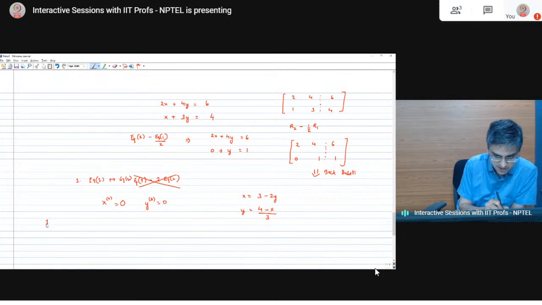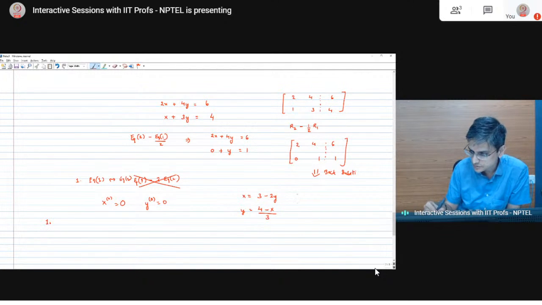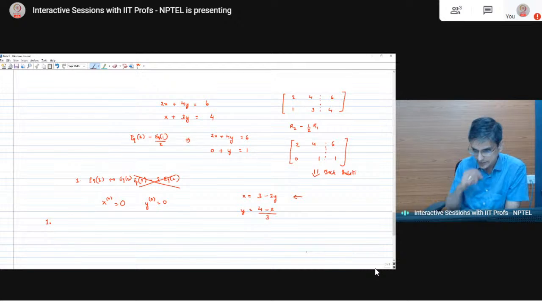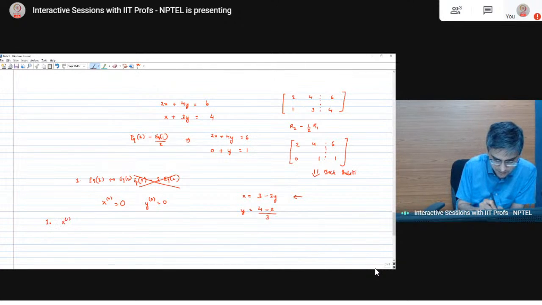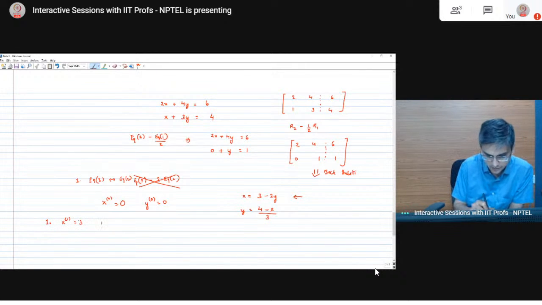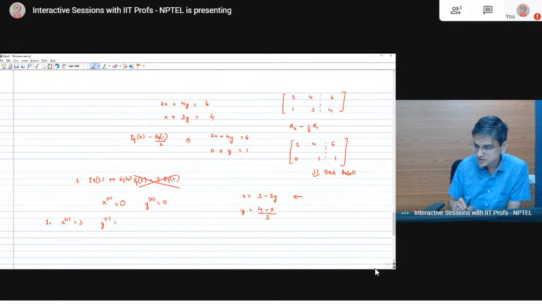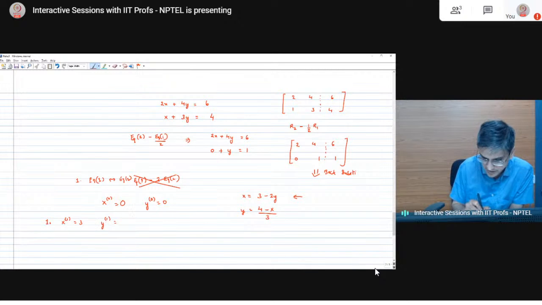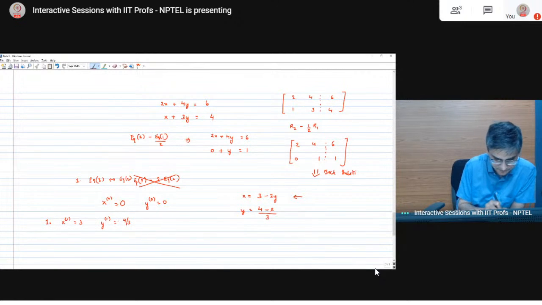Okay, first iteration, I will use this equation in order to find the value of x. If I use this equation, I'm getting 3 minus 0, so x1 equal to 3. y1 is (4 minus 0) divided by 3, so it is 4 by 3.